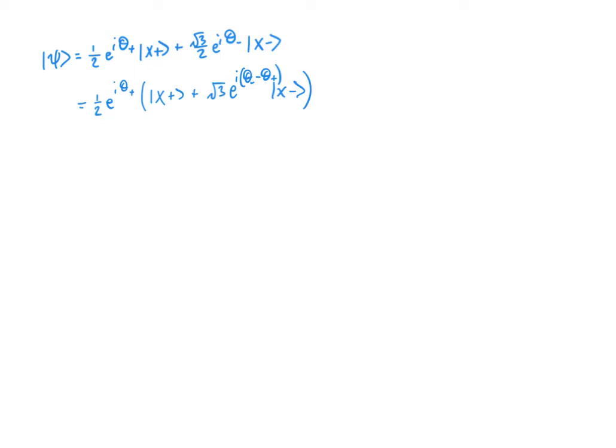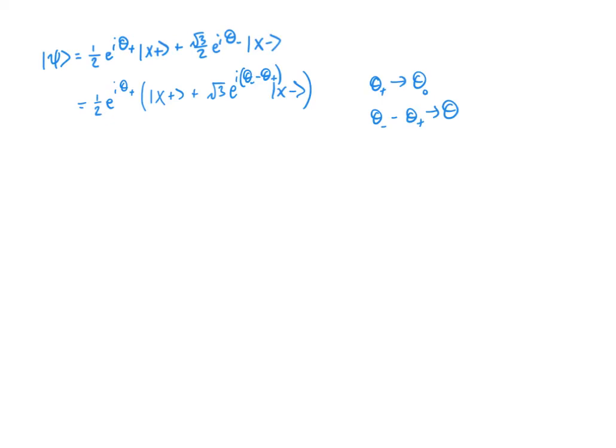And what I'm going to do is I'm going to redefine my angles. I'm going to write theta plus as theta naught. And I'm going to write theta minus minus theta plus as theta. Just to simplify notation going forwards.